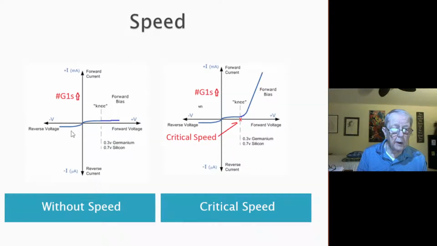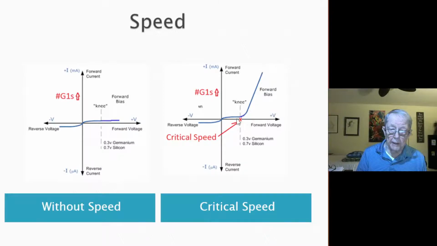This is the one I wanted to show you. If you had no speed up, you would expect that you increase it a little, it goes out a little. You increase it some more, it goes out more. And you would expect it to continue on straight. I drew that line in the other one, but that's what you would expect it to do. But what happens is you increase it, and all of a sudden it starts moving.